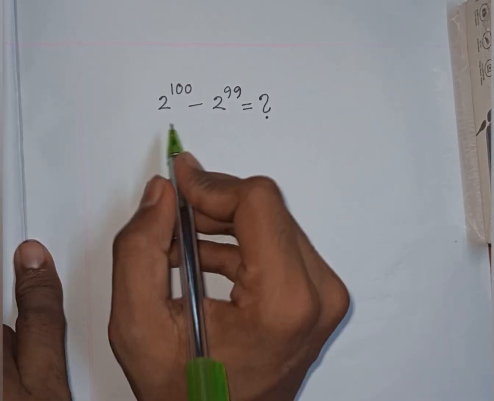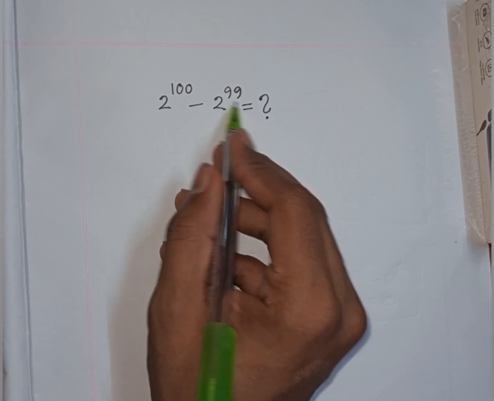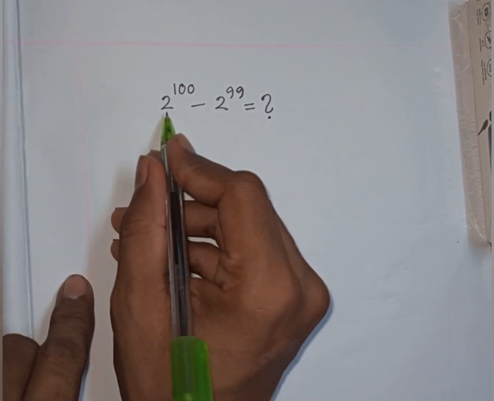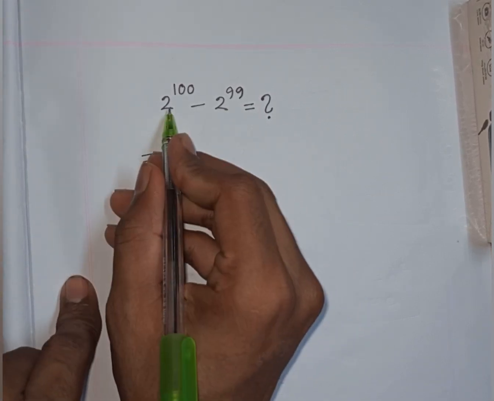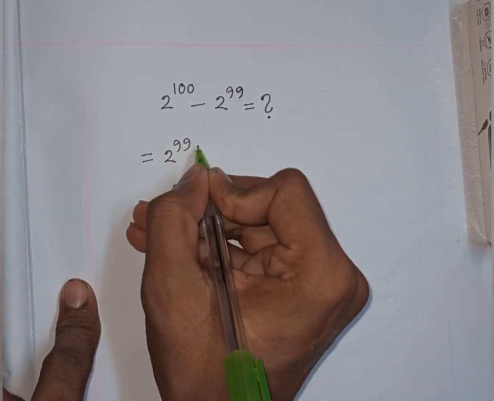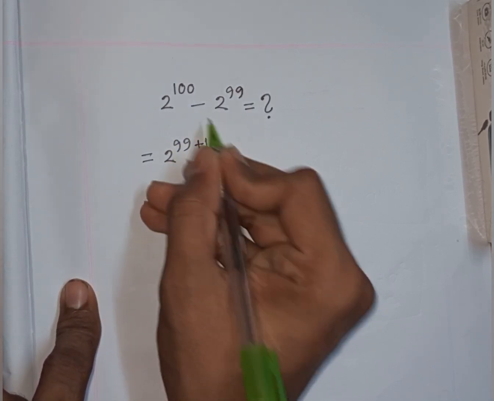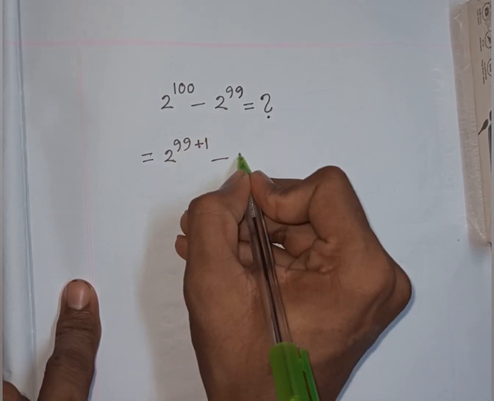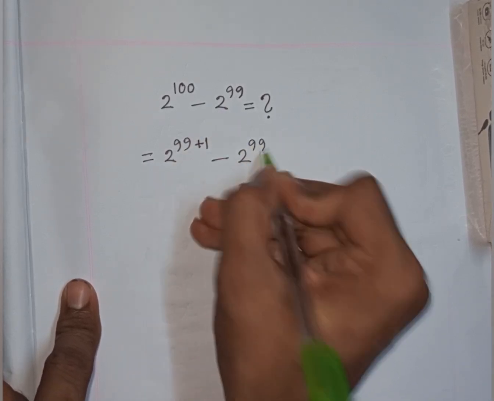How to simplify 2 power of 100 minus 2 power of 99 is equal to what? So we have 2 power of 100 can be written as 2 power of 99 plus 1, then minus 2 power of 99.